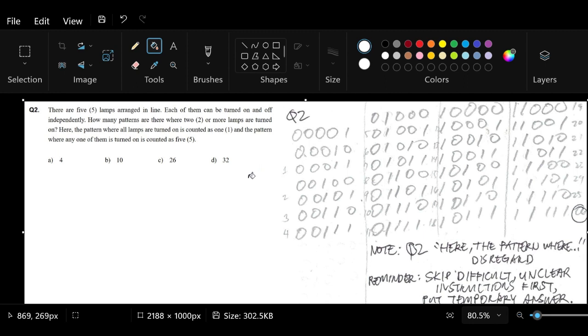Okay, so if we were to really do this, how would we go about doing it? Here I wrote down all the possibilities where if you have 5 lamps, kind of like 5 on and off switches arranged in a sequence.